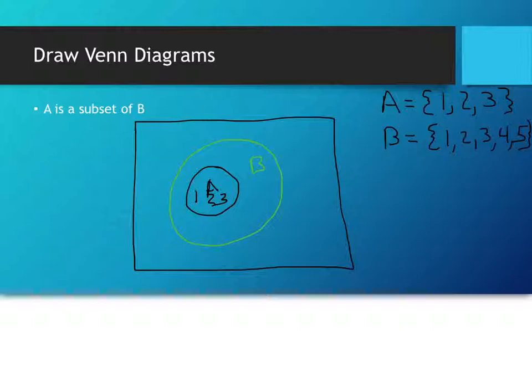Notice that that also puts them inside of B. But also the numbers 4 and 5 are going to be inside of B, but outside of A.